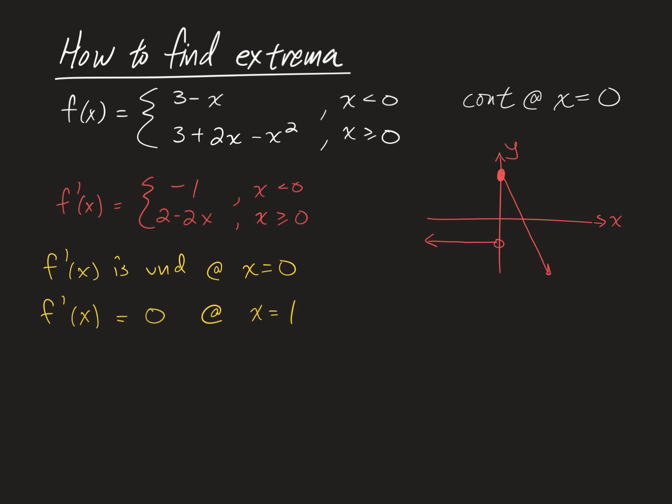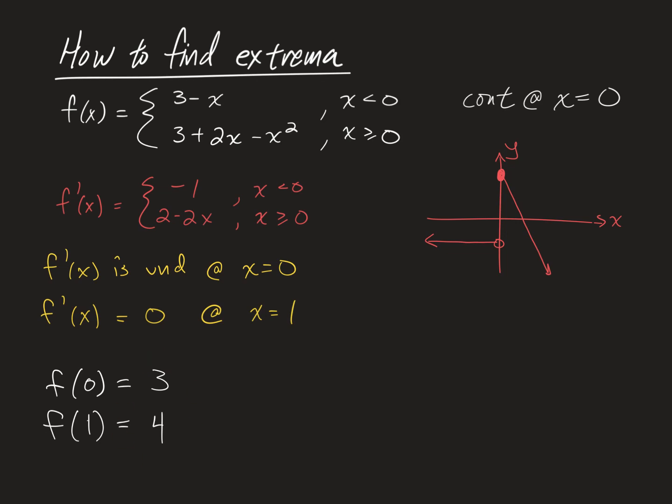And let's substitute these back into the original function, in the appropriate piece of the original function, so we can find maxes and mins. So here I have substituted 0 into the appropriate part of the function and 1 into the appropriate part of the function and got these values.